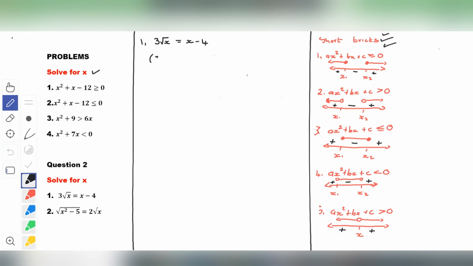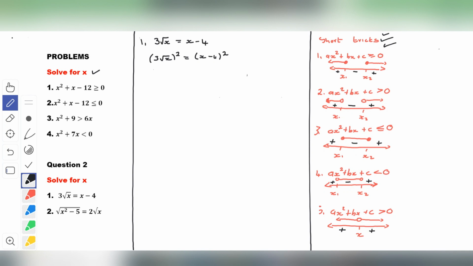So now we're going to have 3 times the square root of x, and then we square because we have the square root. If it was a cube root, we would put 3. Then we have x minus 4, squared. Whatever you do on the right, you also have to do on the left, right?